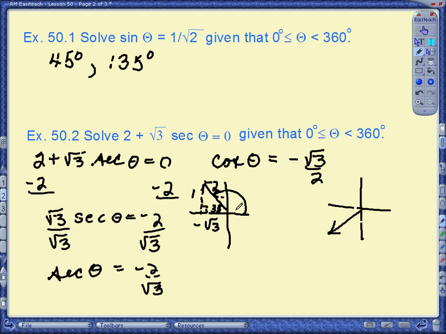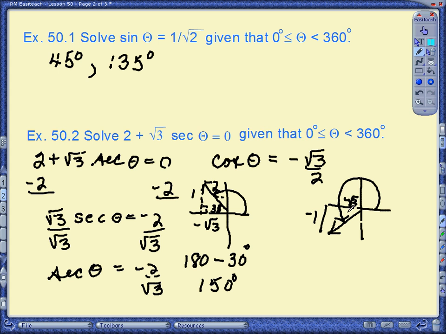Okay, so in this quadrant, we've gone 180 degrees, not quite, it's minus that related angle. So our second quadrant angle is 150. This will have exactly the same reference angle. Okay, so we've gone 180 and then plus 30 more. Our negative root 3 is here.